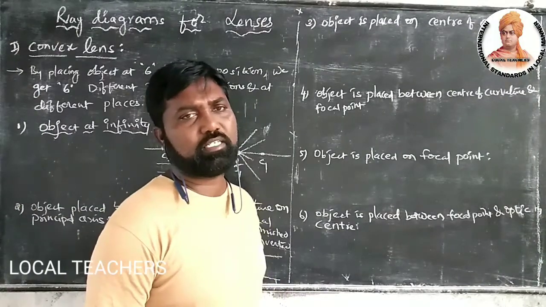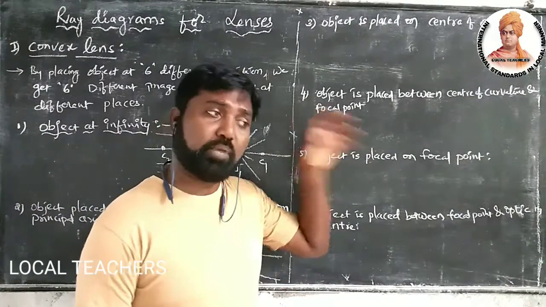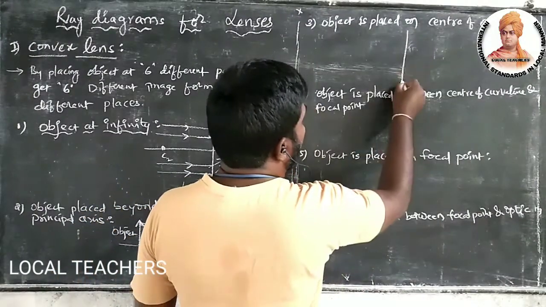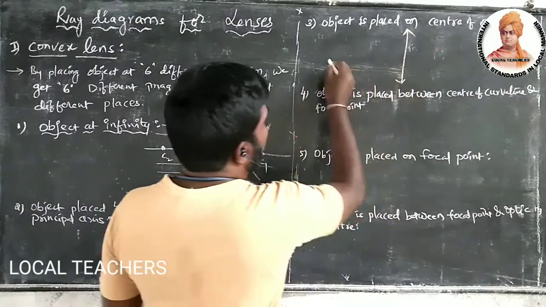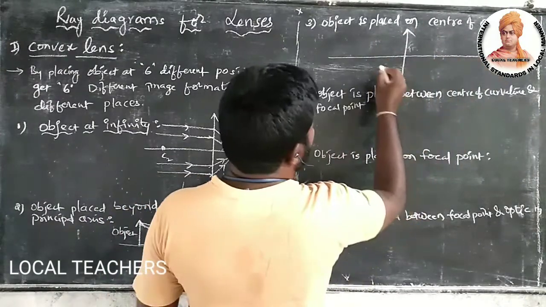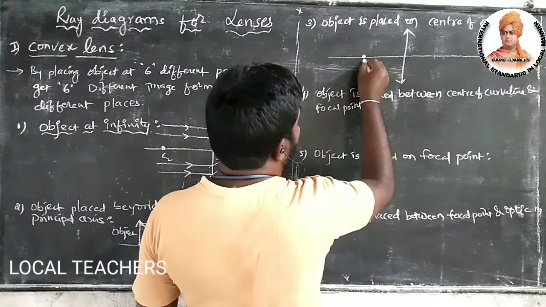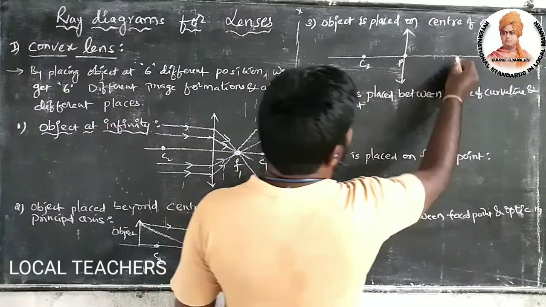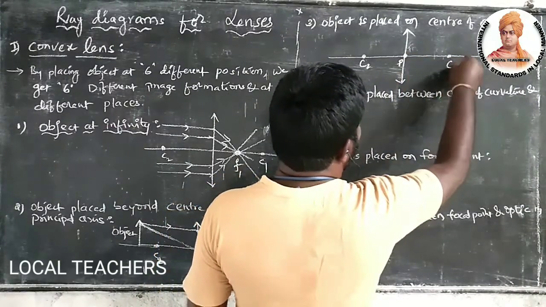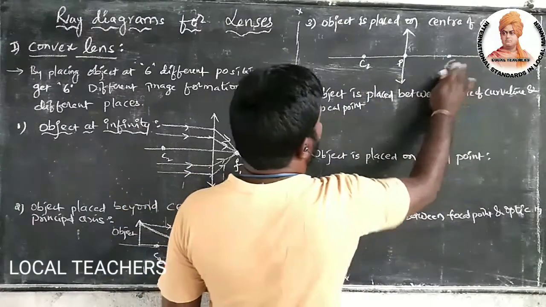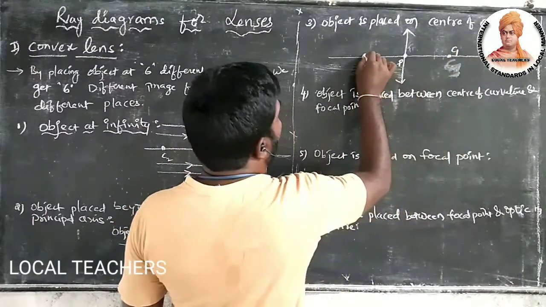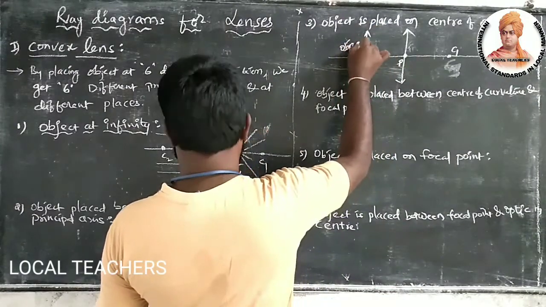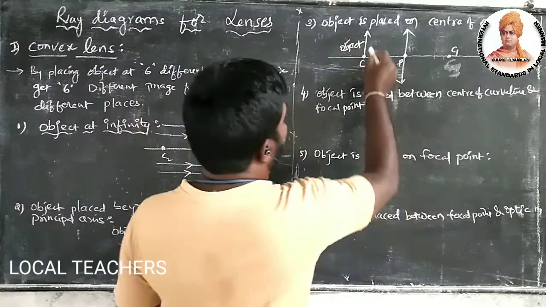Next we go for the third position. The third position is the object placed on the center of curvature. We draw the ray diagram for that. This is the principal axis, this represents C2, this represents optic center P, and this represents C1. The object is placed on the center of curvature.